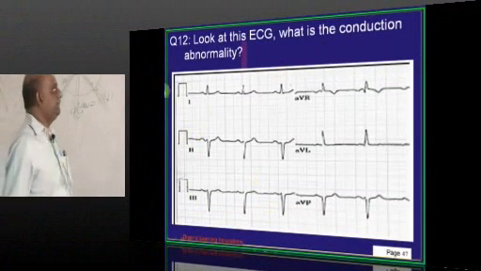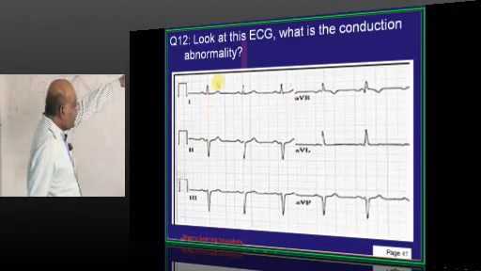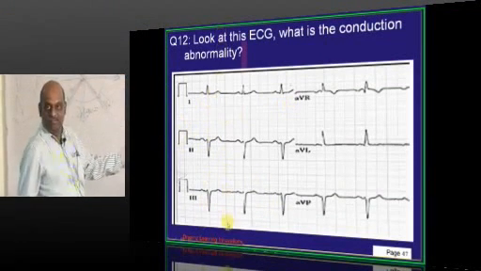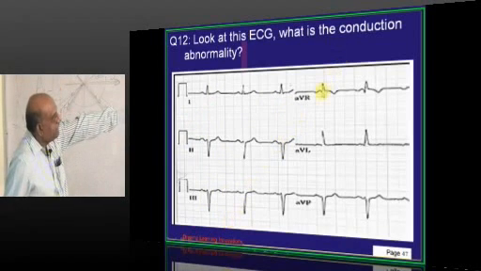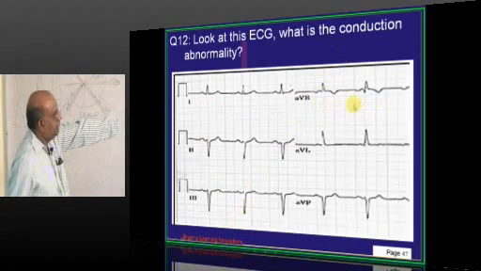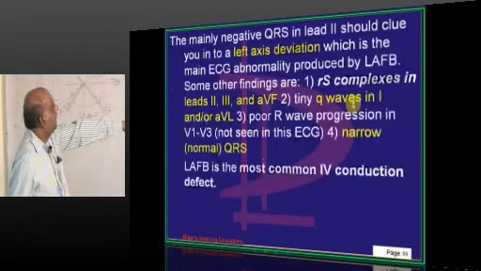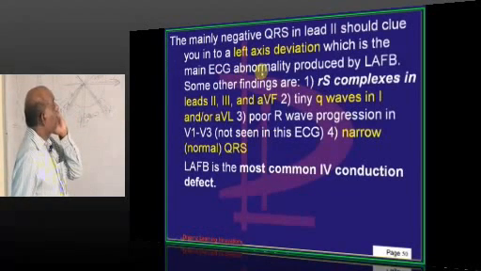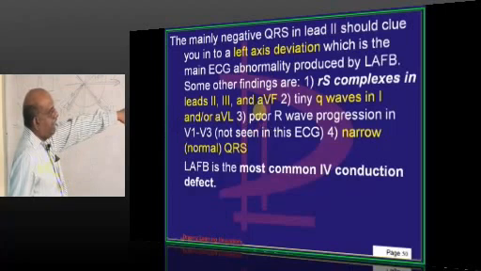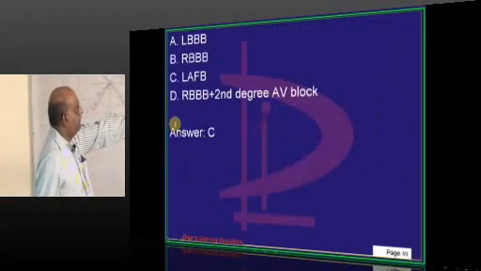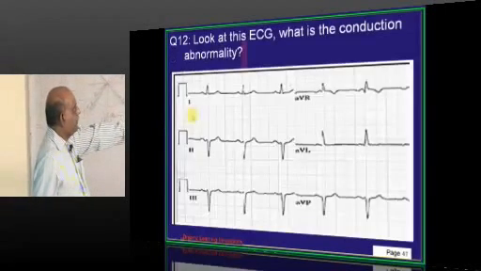So next, doctor, here you have a left axis deviation, but what else are you seeing? Typically in 2, 3, aVF, let's go back to 2, 3, aVF.